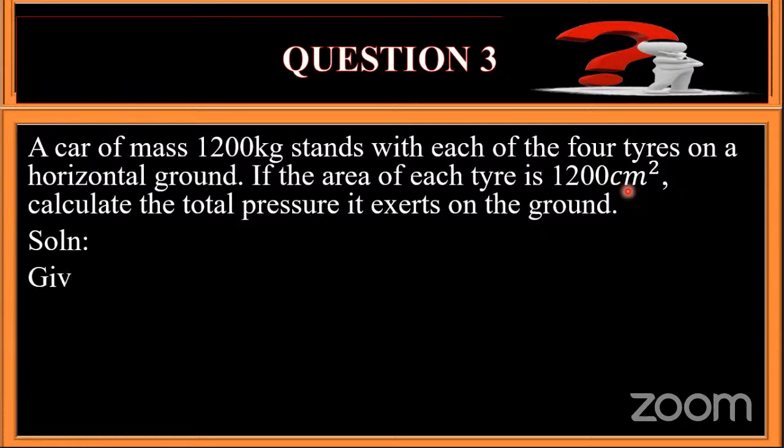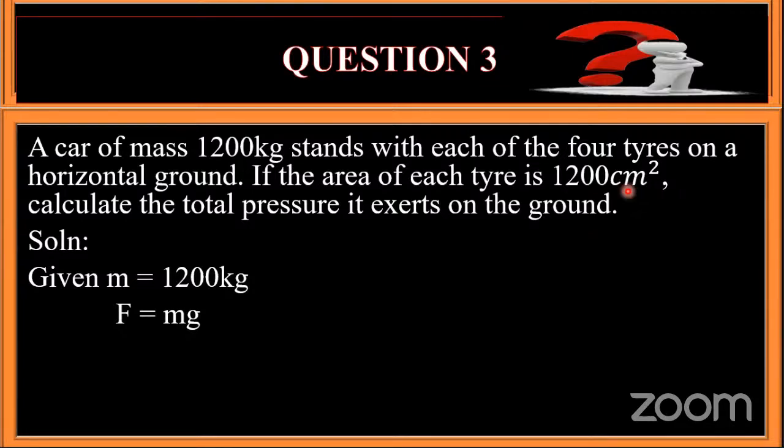So, given, we have the mass in kilograms already, 1,200. The fact that the car is standing on the ground means it will exert a force on the ground. And that force we said is the same as the what? The weight.